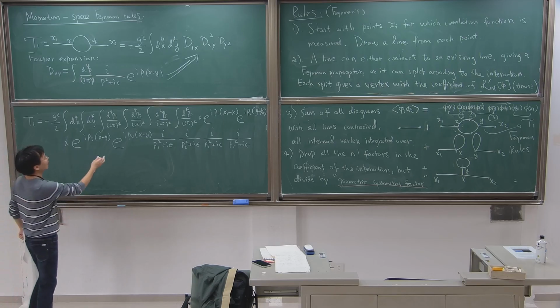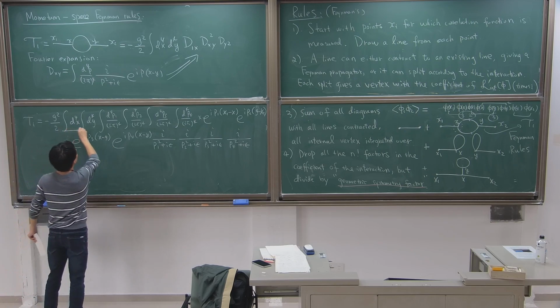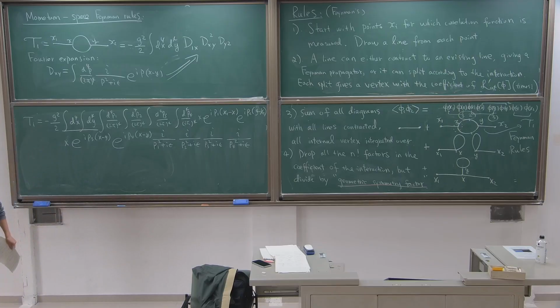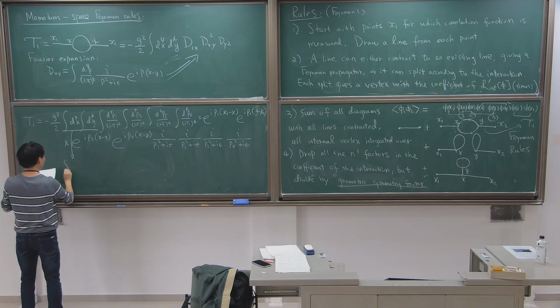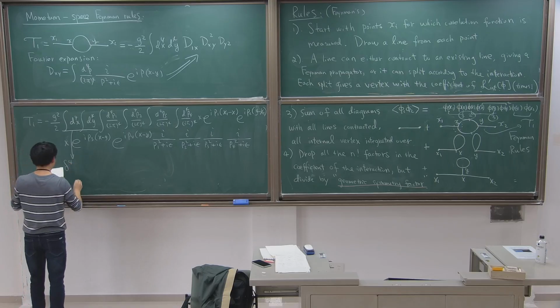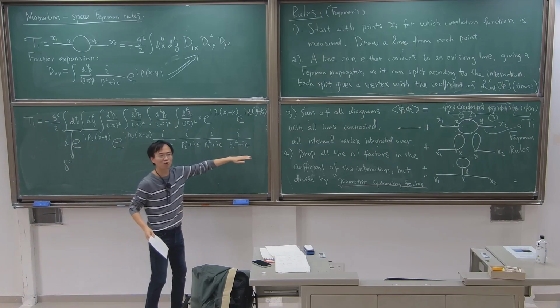Now, as always, once you Fourier decompose something, you need to keep in mind to exchange the order of the integrals. I can perform the x, y integral first. So the integral over x will give you a delta function. I can easily count, right? All these structures have nothing to do with x and y.